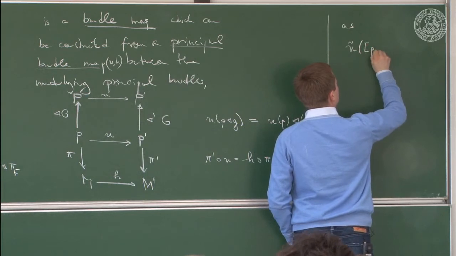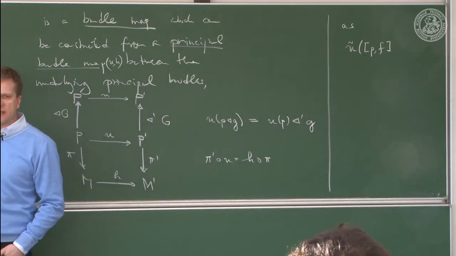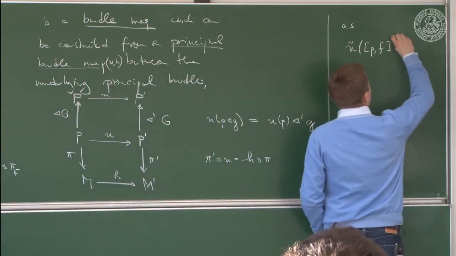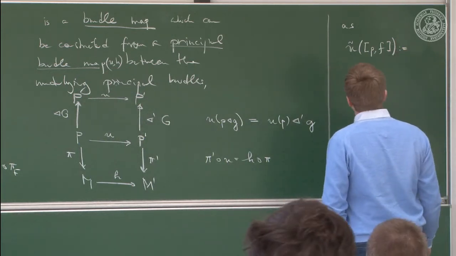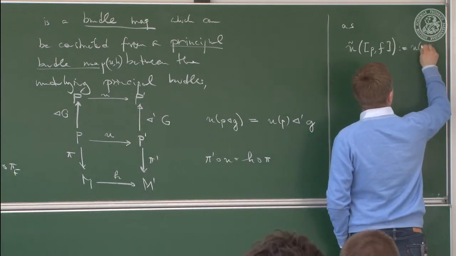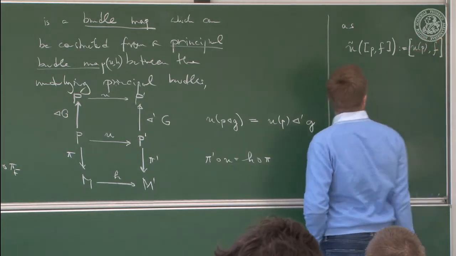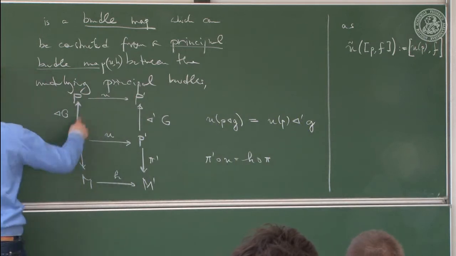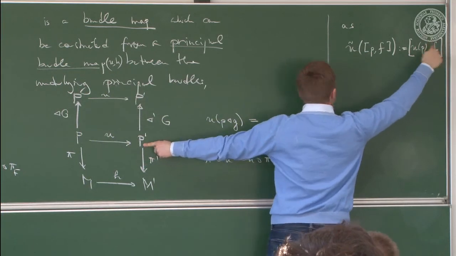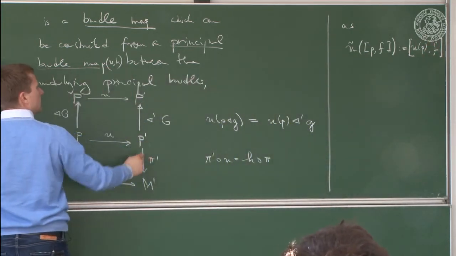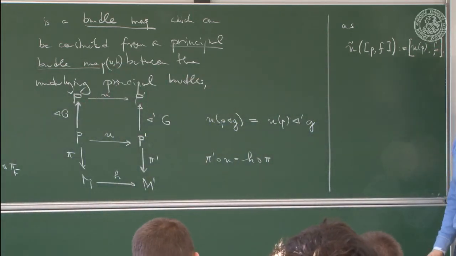It takes an element in P and an element in F, but we take the equivalence relation so that the result lies in P_F. And we need to be able to construct this U twiddle, if it is to be an associated bundle map, as U of P comma F, and then the equivalence bracket. So we use this U to take the P element to an element in P prime, and then this is the equivalence relation that defines this guy here. We lie over there. Full stop.